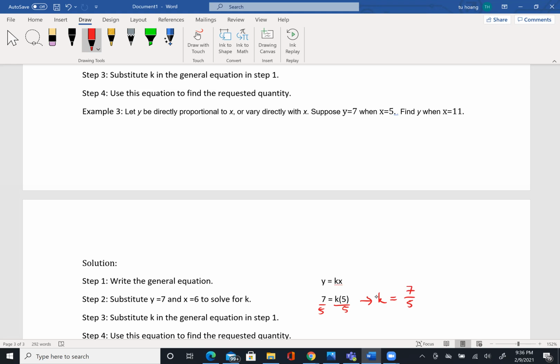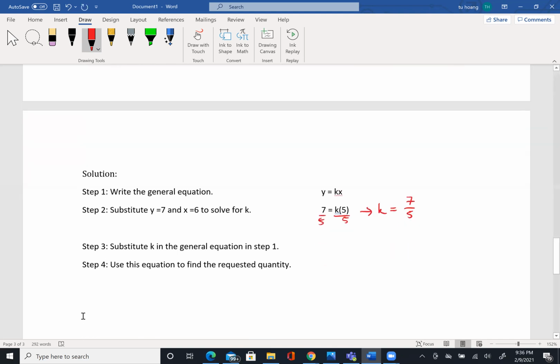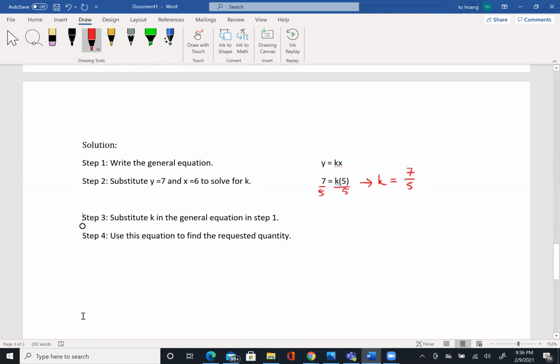Okay, so now let me move down to this step. Now I can substitute k equal to 7 over 5 into the general equation in step 1.